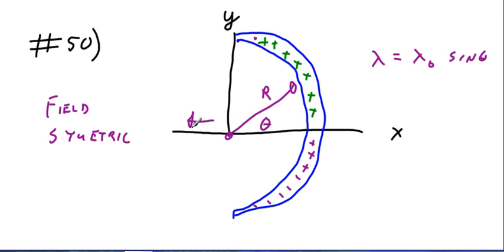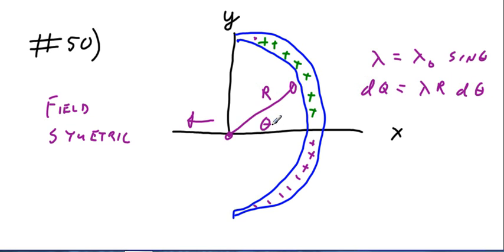I look at this and I find that lambda is lambda naught sine theta, but the change in Q is going to be lambda r change in theta.